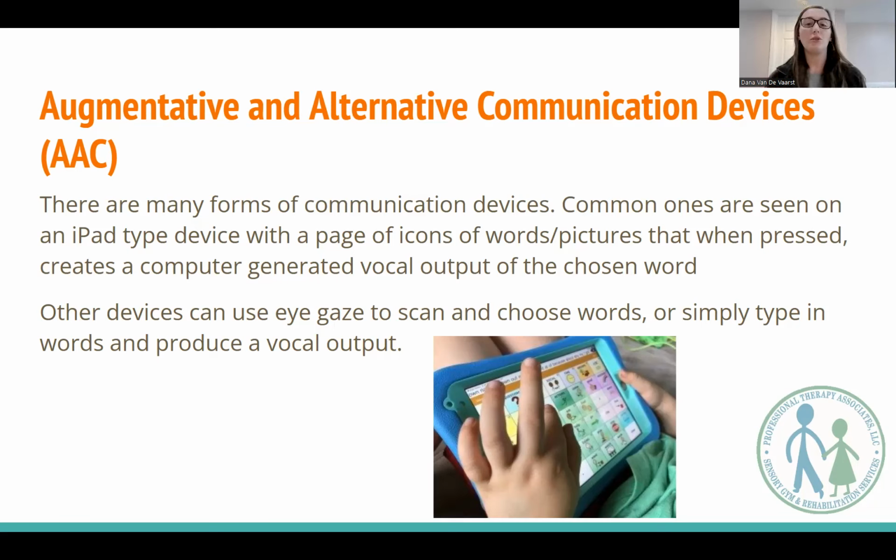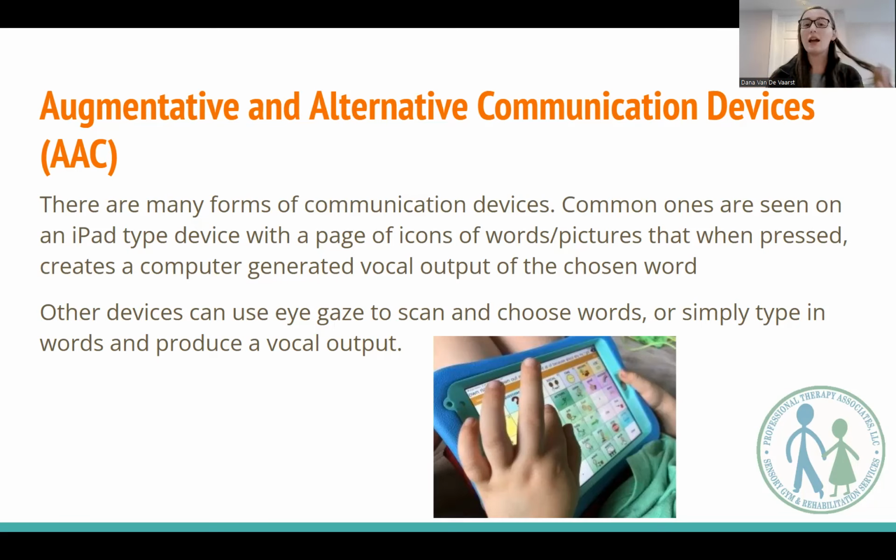We can also use not just our fingers to tap these. For children who have more motor deficits, they can use an eye gaze machine, or, for those who are able to type and read, it can be as simple as typing in a text box and having it be read out loud to somebody.